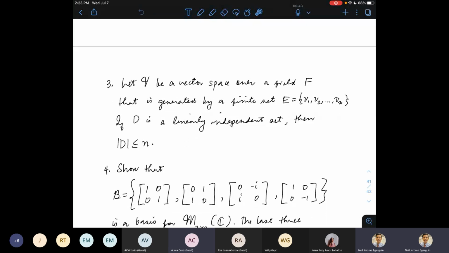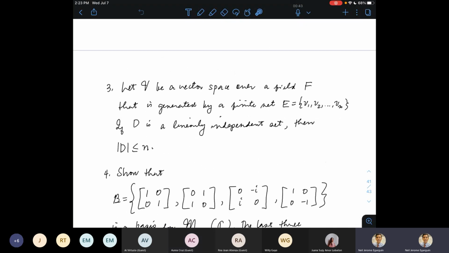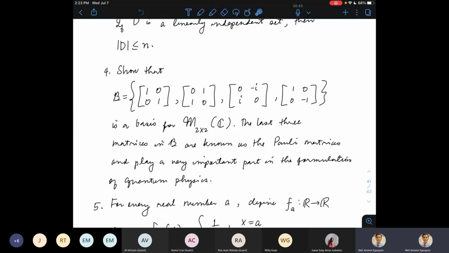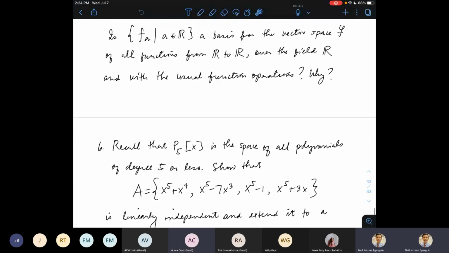Problem 3 is proving. Perhaps choose 5 out of 6 naman to. So if you're not comfortable, you can skip number 3 for now. Problem number 4, you see matrices here. You just need to show it is a basis. We'll talk about that later. Number 5 as well. Number 6.